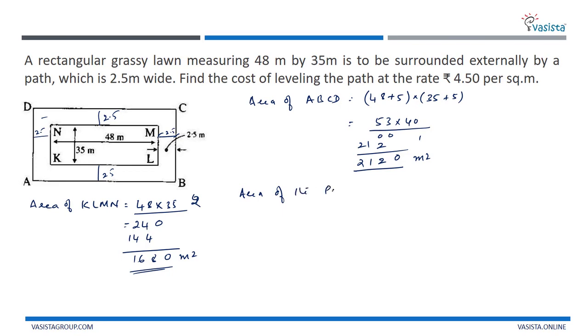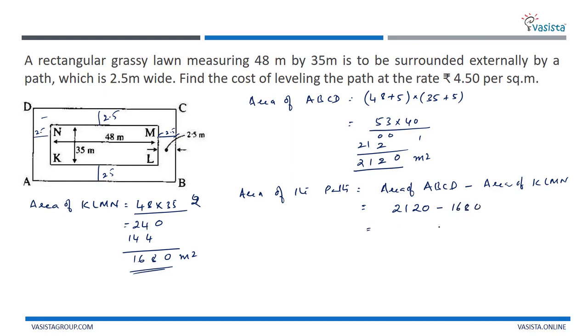Now the area of the path is equal to area of ABCD minus area of KLMN, right? Now area of ABCD is how much? That is 2120 minus area of KLMN, which is 1680.